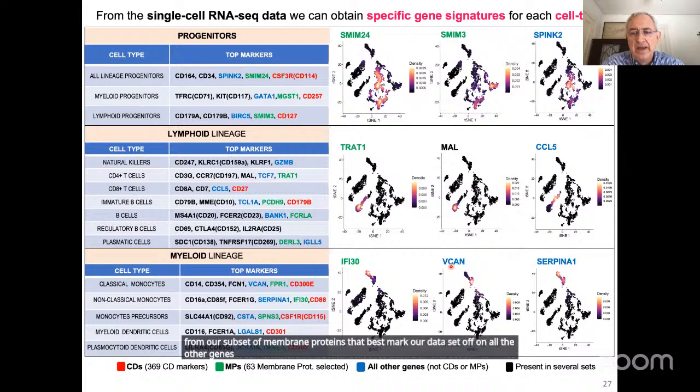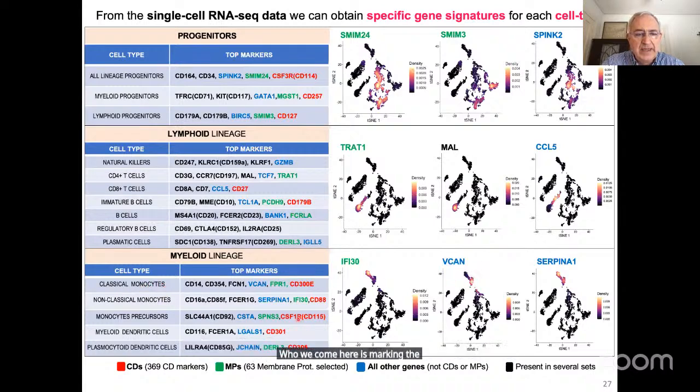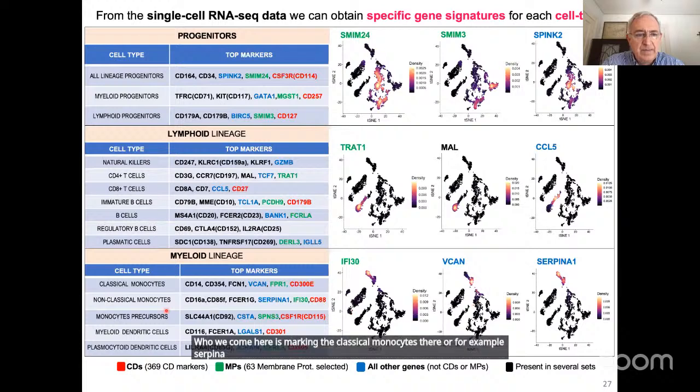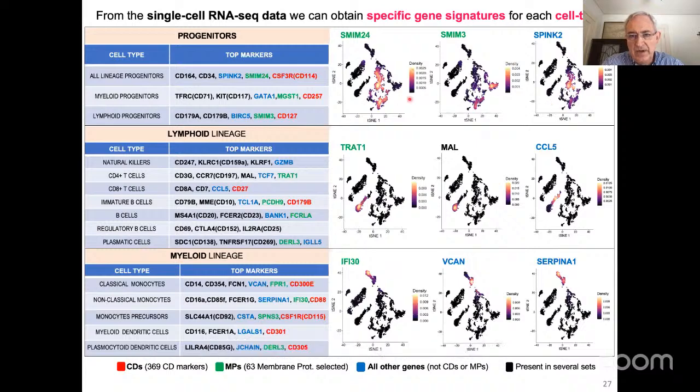For example, VCAM here is marking the classical monocytes, or for example, SERPINA1 is marking non-classical monocytes. You see, and this is interesting because this is observed in one case, and you can compare that the things are quite reproducible.